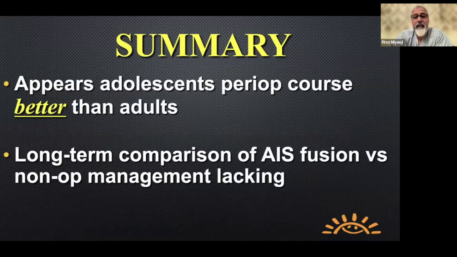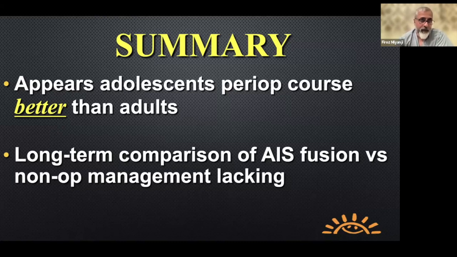It does appear that in adolescents, the perioperative course is better than in adults. But I would qualify that: we really don't have great literature comparing AIS fusions versus non-operative management for that same cohort into adulthood, right? So if a curve was, say, in the low 50s and stayed like that, is a 50-year-old with that curve better than somebody having a straighter fused spine at 50?